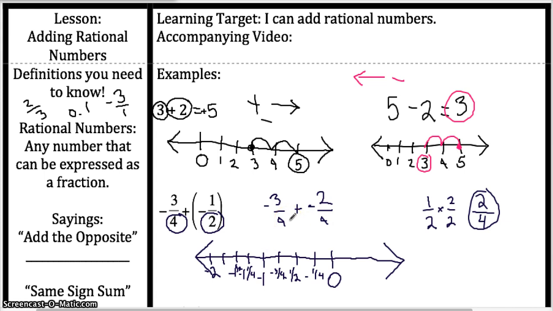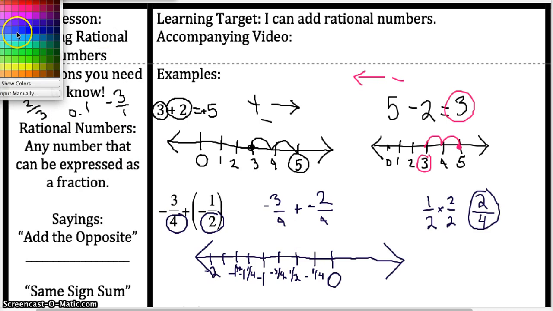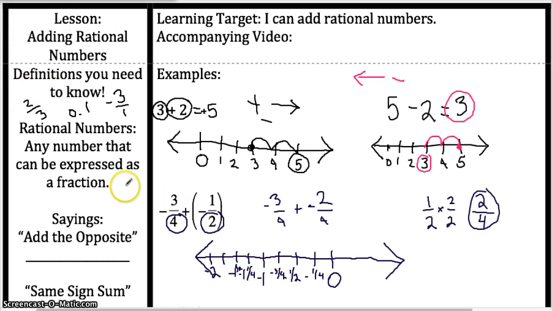Now we can solve, right? So let's look. -3/4, let me grab a different color. How about blue? All right, so -3/4 is where we start. We're going to start right here. Now we're adding, so that means that we should be going to the right, correct? But we are actually adding a negative right here.